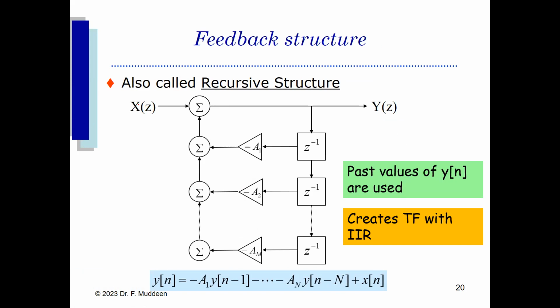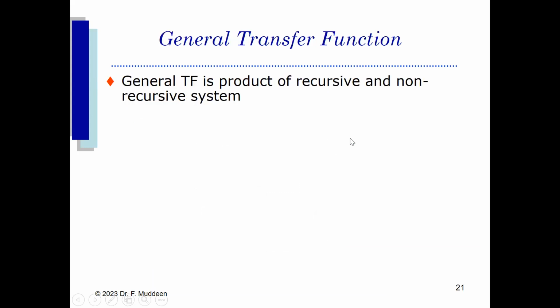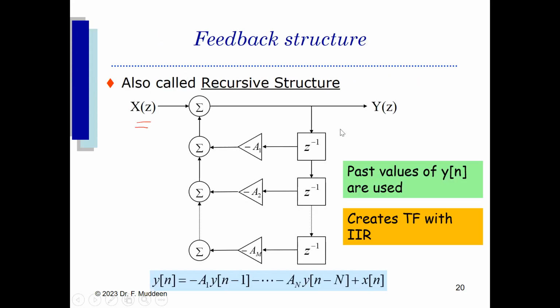Because even when you stop the input, the output is still using past outputs to calculate a new output. So every time it calculates a new output, it stores that and it keeps going on and on. This tends to create a response that goes on and on. Okay? So non-recursive gives you finite responses. Recursive gives you infinite responses. Yeah?